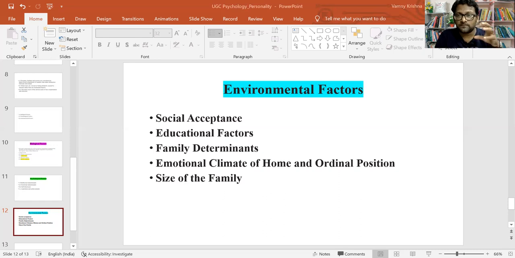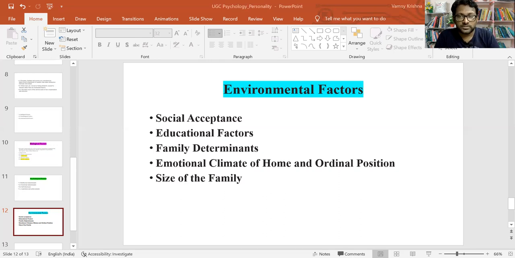So if there is prejudicial treatment towards the children, there would be loss of self-confidence. And it even affects the development of self-esteem, where the self-esteem would become low.